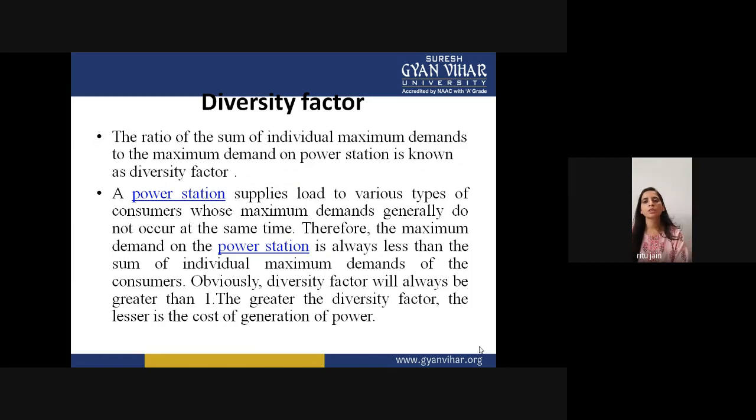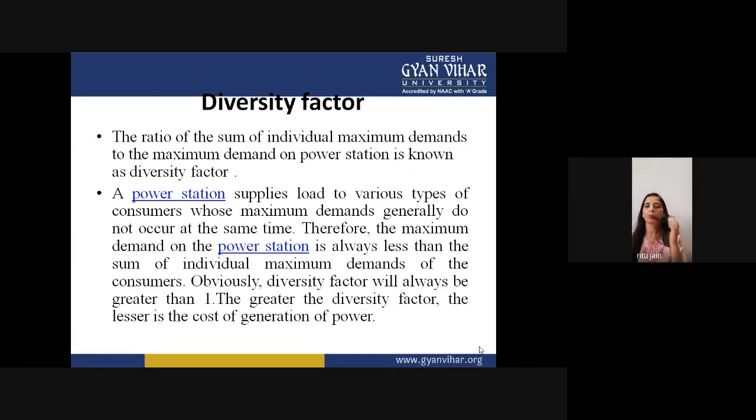A power station supplies load to various types of consumers whose maximum demands are different and generally do not occur at the same time. Suppose there are four houses, so the maximum demand of those four houses will be different, and it will occur at different times.